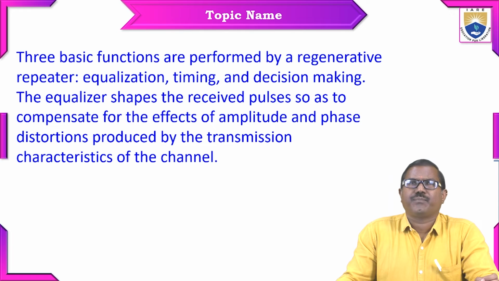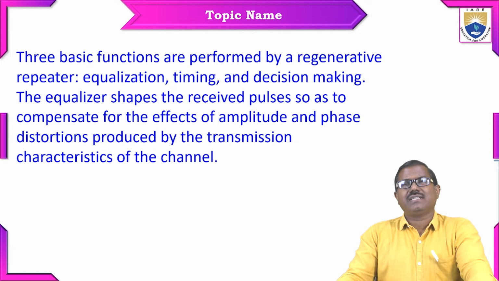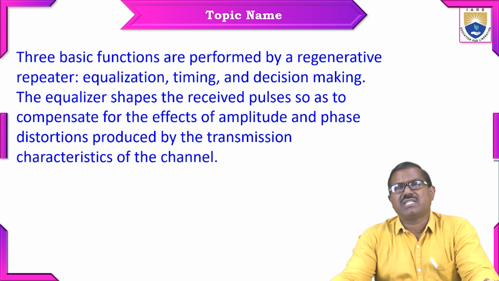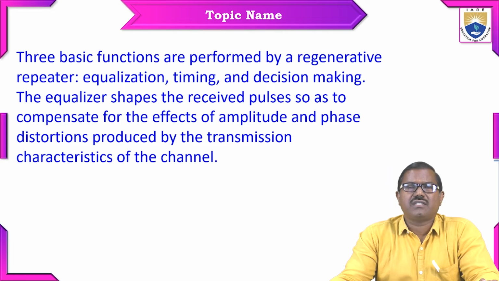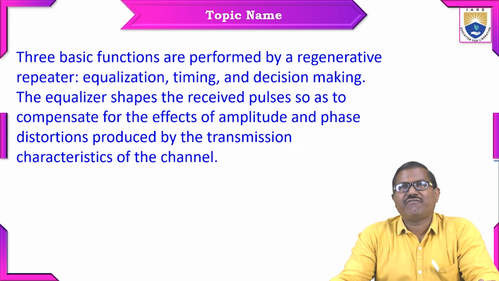Here 3 basic functions are performed by the regenerative repeater: equalization, timing, and decision making. The equalizer shapes the received pulses so as to compensate for the effects of amplitude and phase distortions produced by the transmission characteristics of the channel.